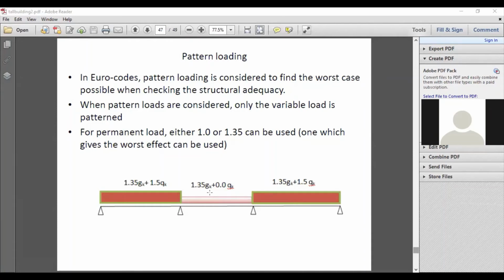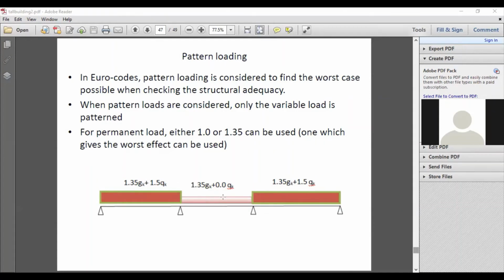So if you are considering the maximum dead load for one span, make sure you are considering the same maximum on every span. On the other hand, if you are going with 1.0 GK, make sure this is also 1.0 GK, this is also 1.0. So because of that reason, when you do pattern loading, generally we like to use the maximum load, and what we do is we use 1.35 GK plus 1.5 QK.